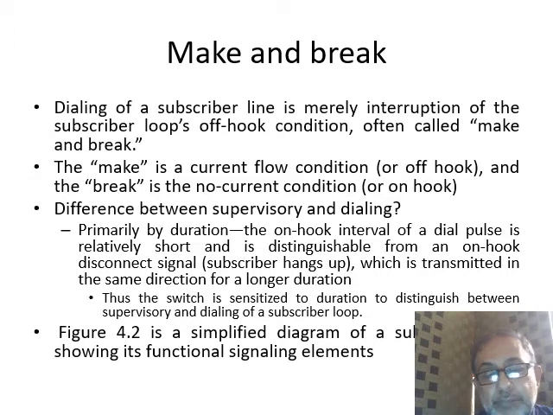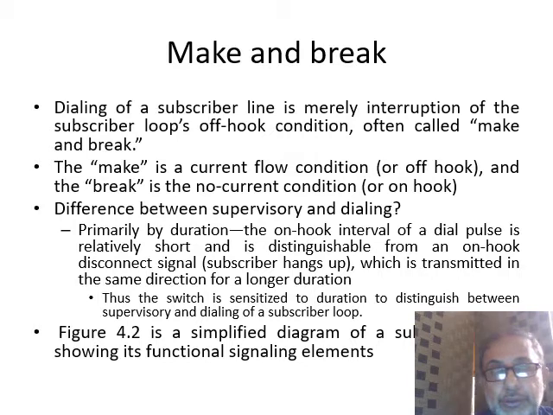Now, in the earlier systems in which pulse type dialing was done, what was it? It was basically make and break of the current flow condition, which means off hook and on hook.